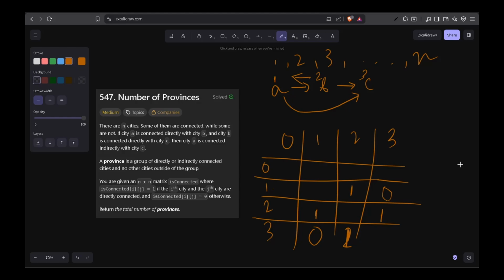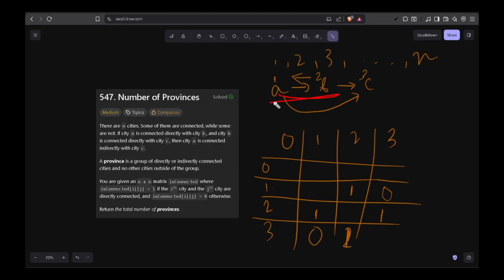But since A is connected to B and B is connected to C, A is also connected to C. It's not shown in the matrix, that's a different thing. In the matrix it says 1 is not connected to 3, but we know indirectly 1 is connected to 3, right? So that's why this line is important here.